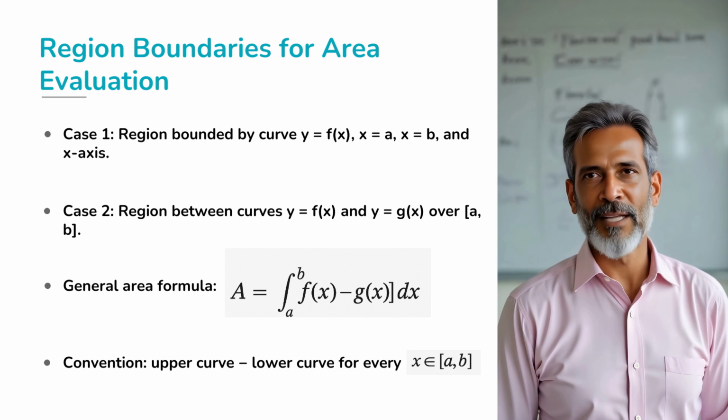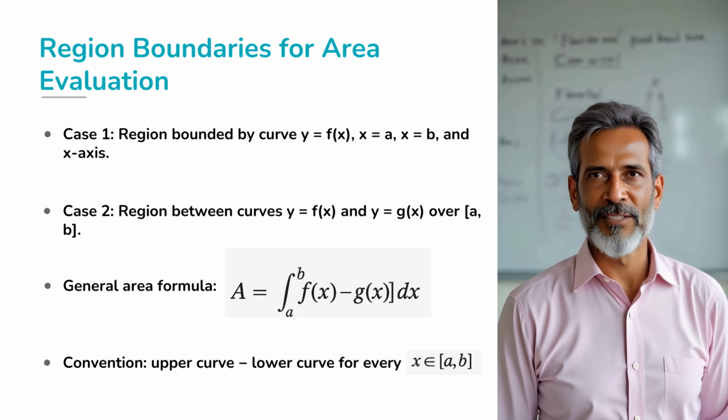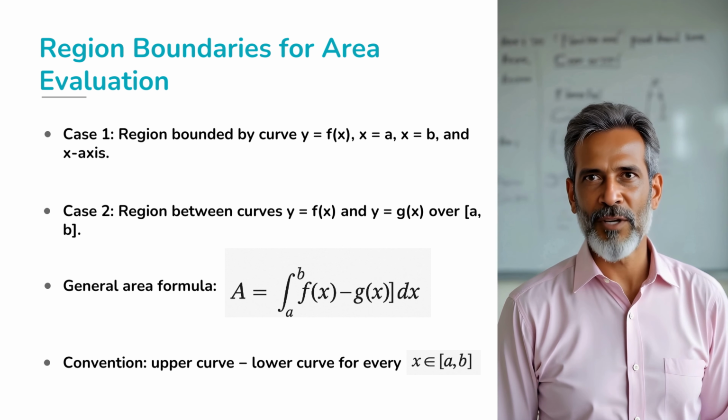Now, let's classify the kinds of regions we may deal with. Case 1. A region bounded by a curve y equals f of x, the vertical lines x equals a and x equals b, and the x-axis. Case 2. A region bounded between two curves y equals f of x and y equals g of x over the interval.